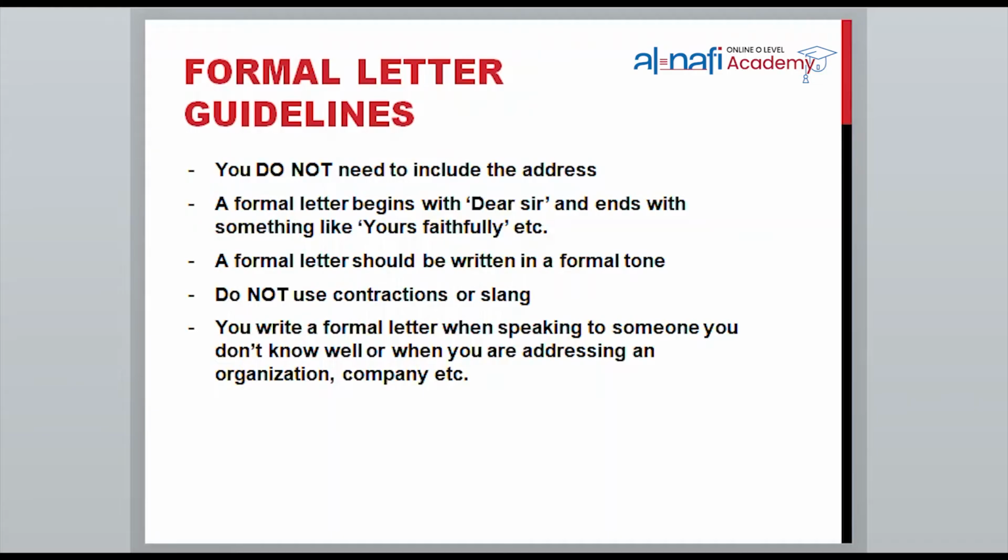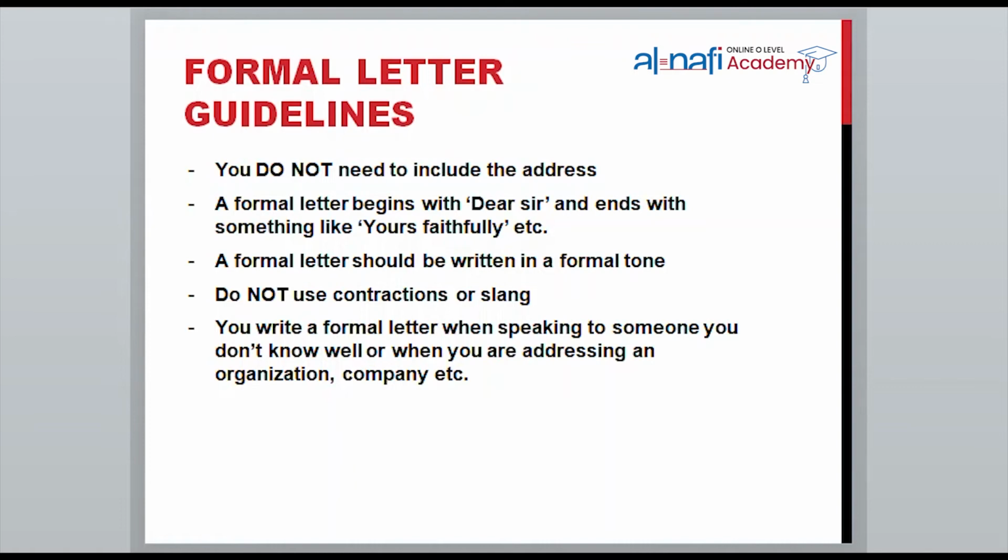So you don't address the person by their first name. You would say something like dear sir, dear madam, or you might say to whom it may concern at so and so organization. And you end with something like yours faithfully, and things along the lines of that.